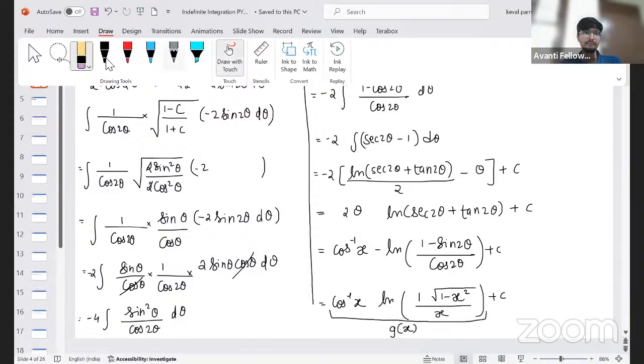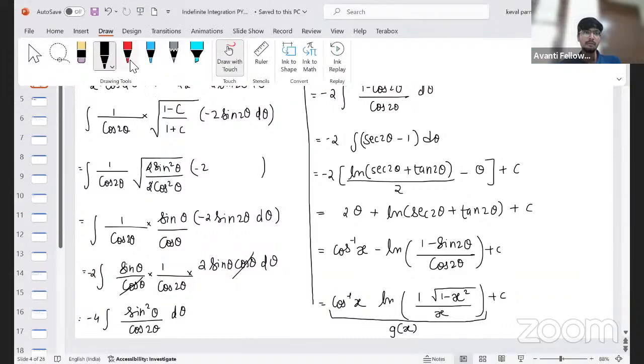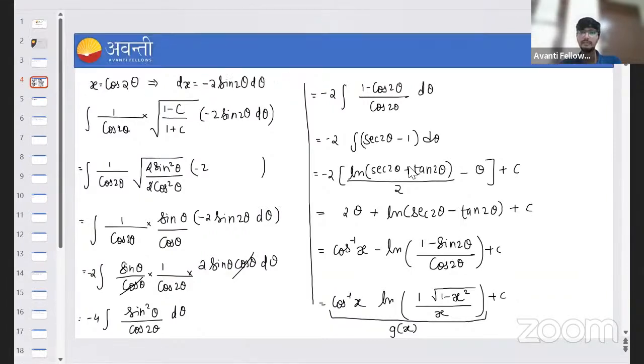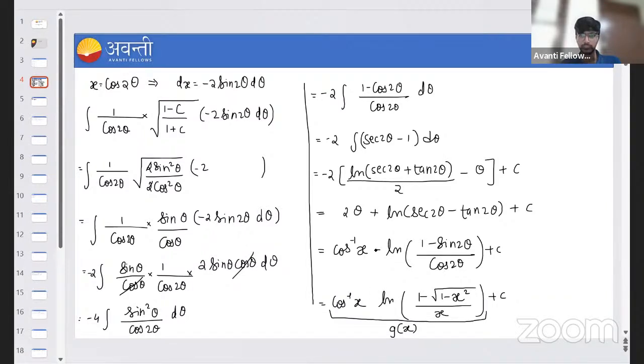We can write it as 2 theta plus sec theta plus tan, sec theta minus tan. 1 minus sin theta. So this will be 1 minus. And here it will become plus.